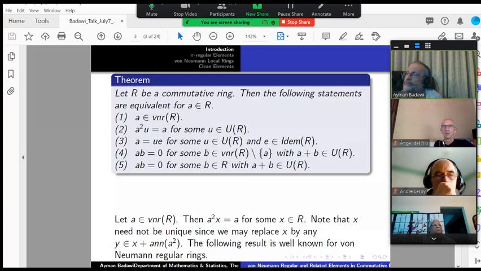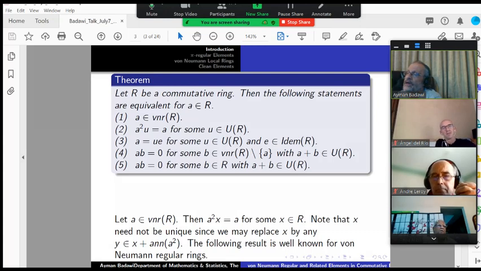So these are equivalent conditions to a being von Neumann regular. When I say a is a von Neumann regular element, this means a squared u equals a for some unit u, or a equals e times u for some unit u and some idempotent e.